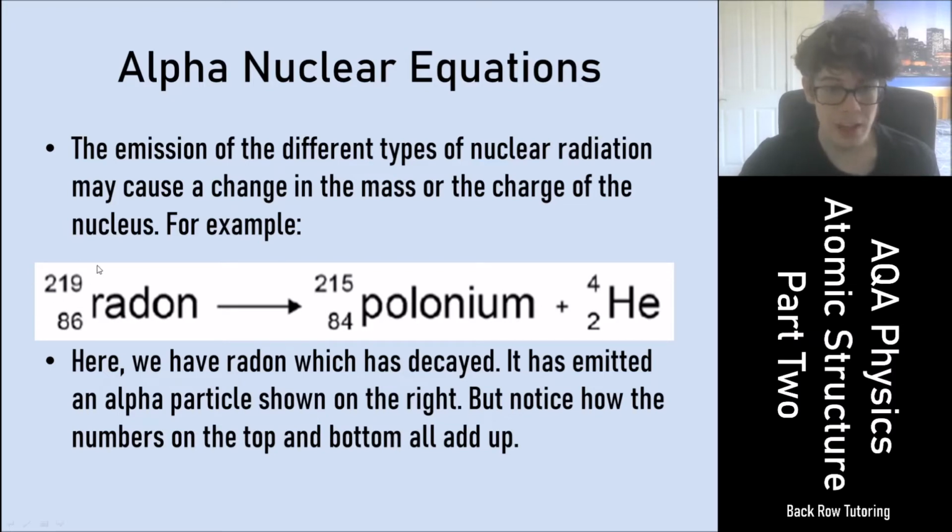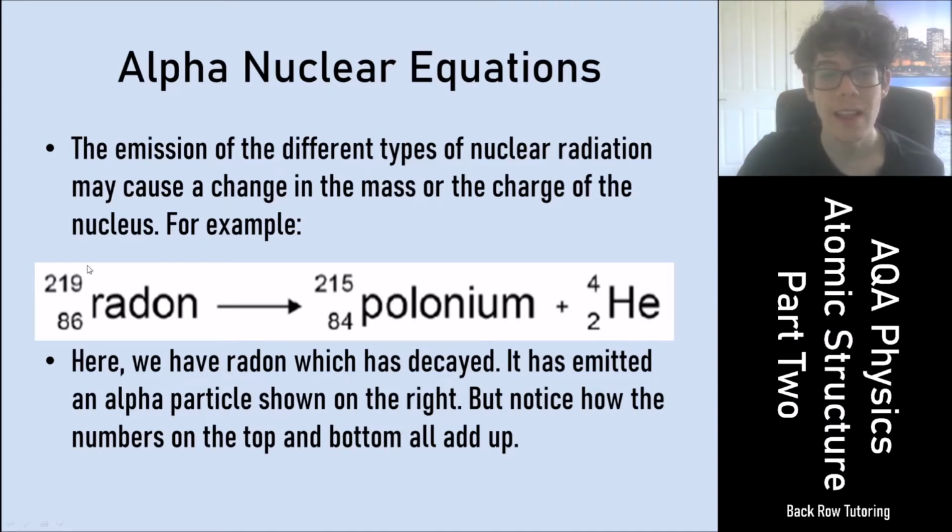Radon has a mass number of 219, and it has an atomic number of 86, and that's because, remember, there are 86 protons in the nucleus, and protons and atomic number, same thing, so there's 86 protons, the atomic number is 86. And the mass number is 219, and that's because there are 219 protons and neutrons in total.